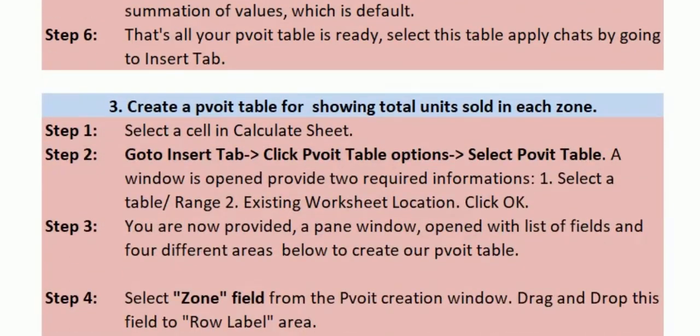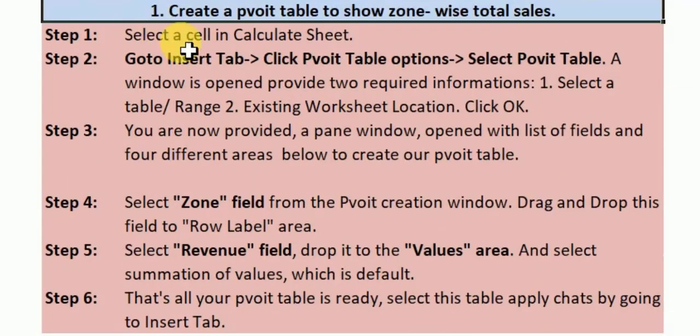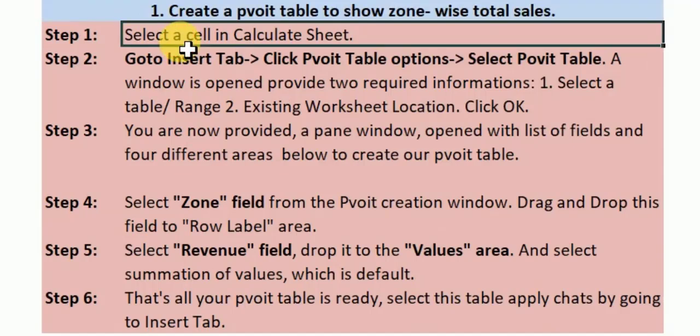First, select a cell in the calculate sheet. Yes, we did this. Go to the insert tab, pivot table options, and click pivot tables. A window is opened. Provide two required pieces of information: the table information and the location information. Then click OK. We did this too.